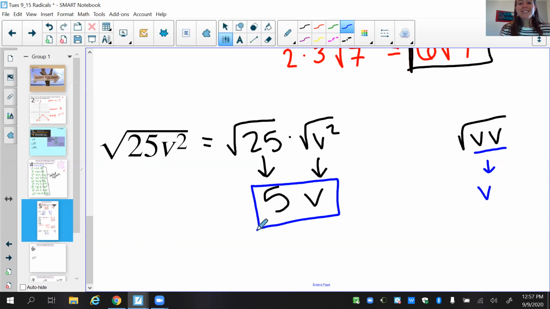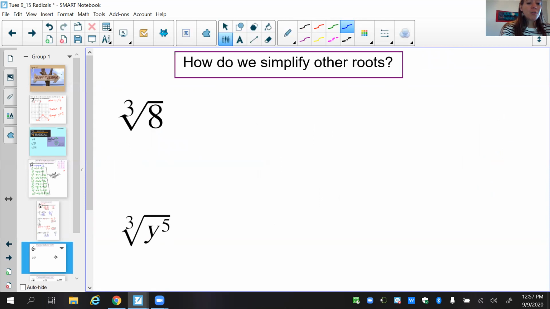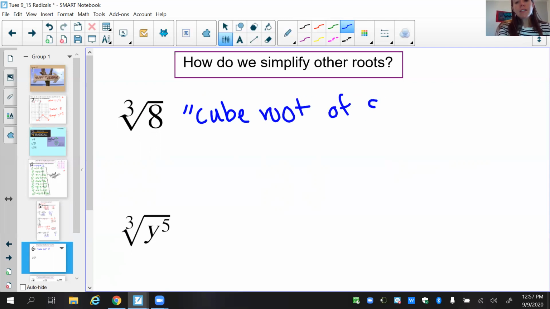Pretty cool. Okay. All right, so what I want you to do, oh no, I guess before, I want to mention one other thing. We talked about square roots, but can we simplify other roots? This is called a cube root. So this is called cube root of 8, right?